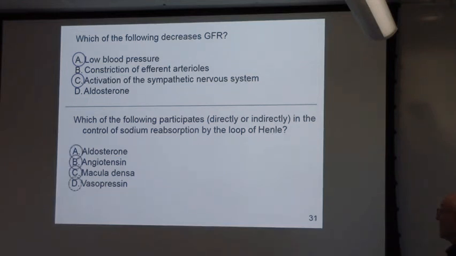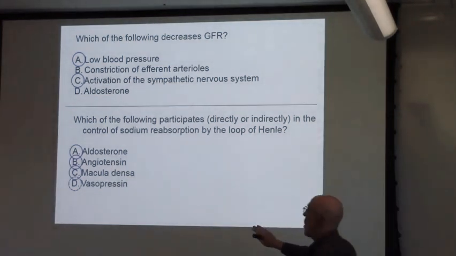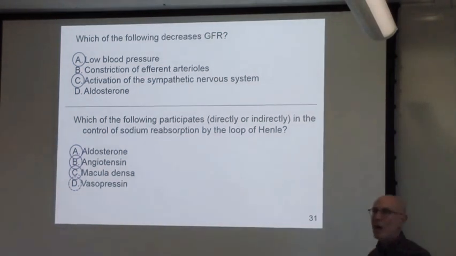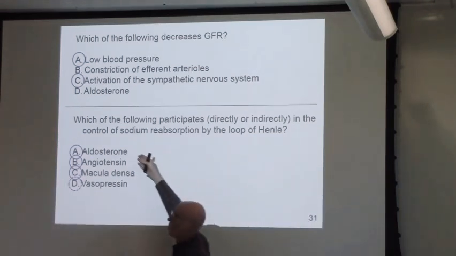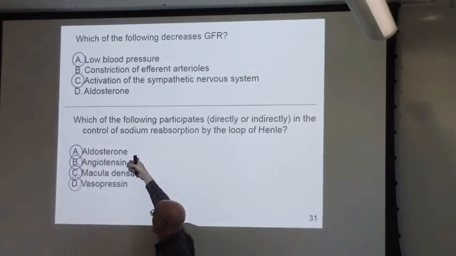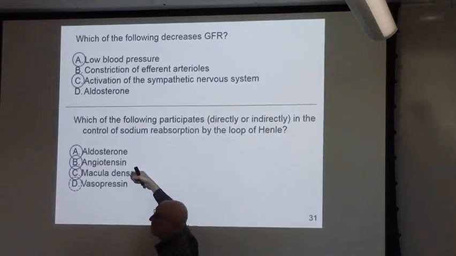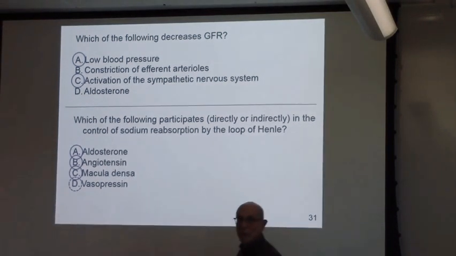D is dotted, so let's forget the dotted one. I don't even remember what I once taught about how vasopressin can affect the sodium reabsorption. There must be some convoluted way to that. A, B, and C are good answers for this one. Okay? Everybody clear on that one? Aldosterone by the mechanism that we've been talking about for the past few minutes. Angiotensin because it increases aldosterone, and the macula densa because it makes the renin that makes angiotensin, which causes aldosterone.